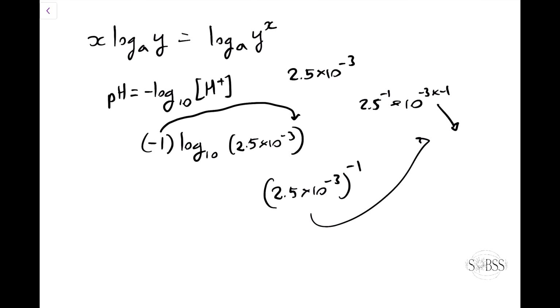And basically this makes it a positive, because as you can imagine 2.5 to the -1 is just going to be 0.4, and then 10 to the -3 raised to -1 is going to make this a positive value. So let's just type that in quickly, so we can see how this is done.